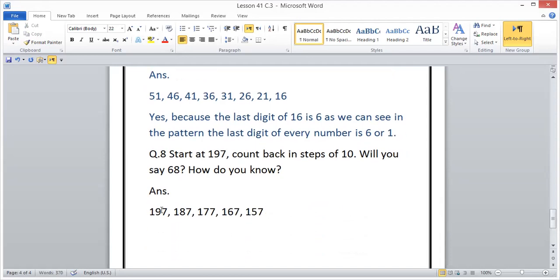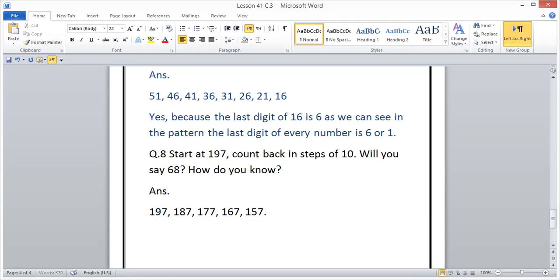You can see in the pattern, the last digit is the same. The digit on the ones place is the same. Only the number on the tens place decreases by 1: 9, 8, 7, 6, 5, 4.